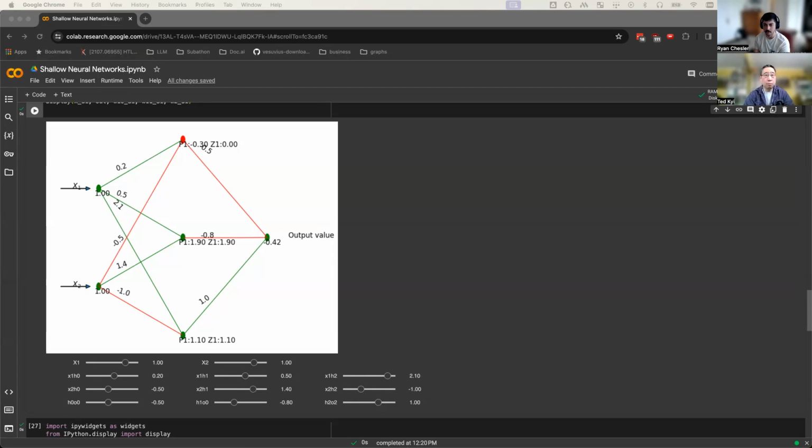You don't want it to be all zeros or all constants. You want it to be basically small random noise, and sometimes the amount of noise is scaled based on the number of parameters or inputs or outputs. People have figured that out, and those will generally do reasonably well.